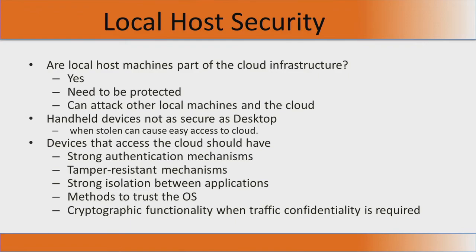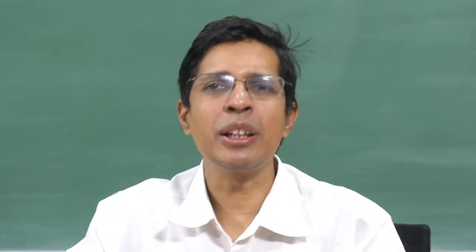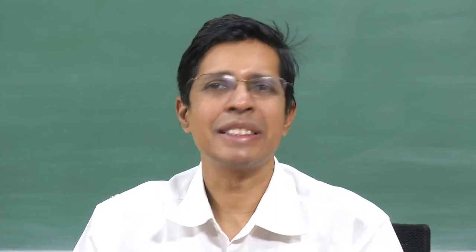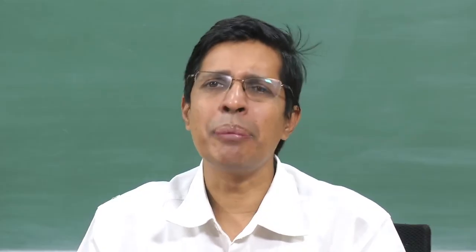The next thing that we have to look at is of course the local host. Many of us are accessing clouds, so iCloud is accessed through an iPad for example. All the clouds or public clouds are accessed through different machines. Is the security of those local machines important or not? Are they part of the cloud infrastructure?